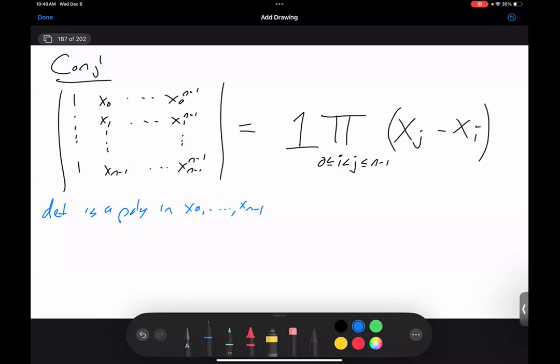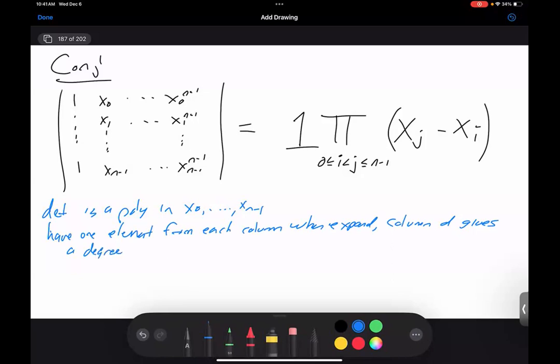So we have one element from each column when we expand. Column d gives a degree d term, where d goes from 0 to n-1. I'm technically calling it the 0th column, first column, all the way to n-1.